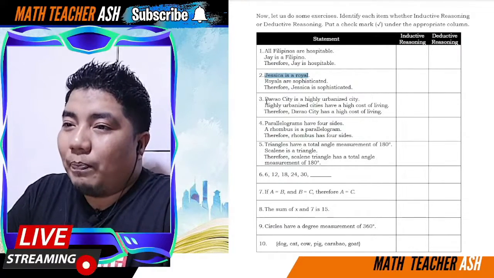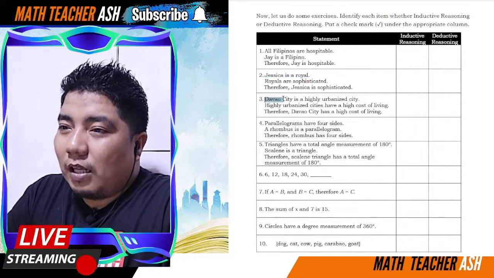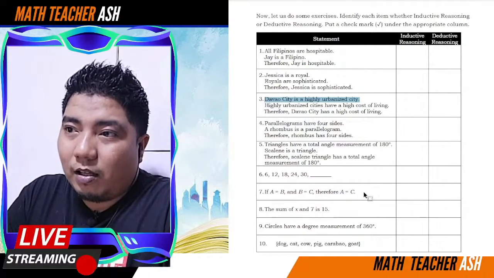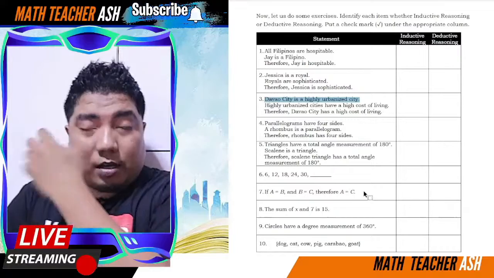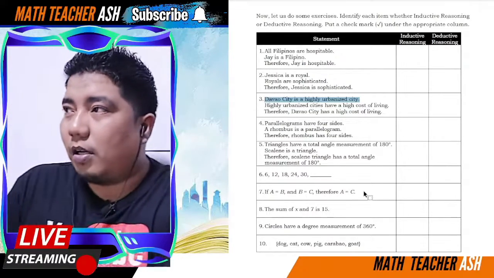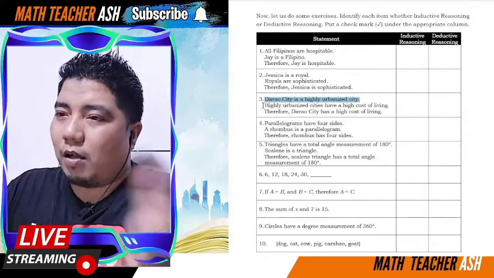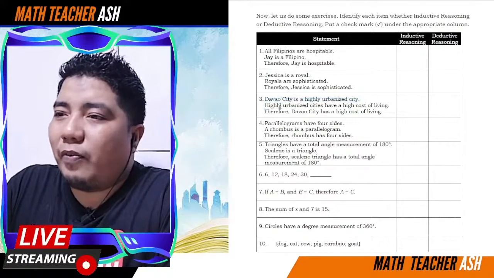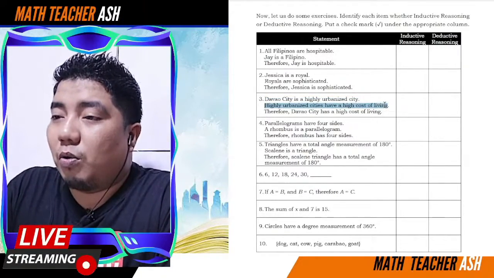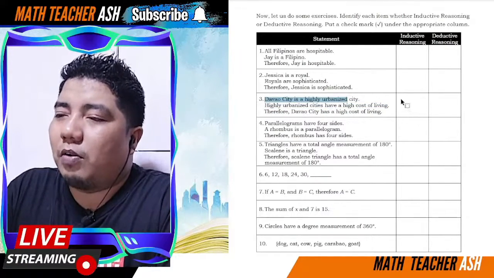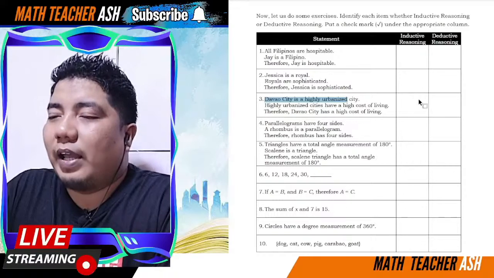So, technically, nag-start siya from Davao City, a specific city, and then binigyan niya ng tawag dyan, observation. Pero technically, yung acceptable general information dito, ito yun. So, it started from a specific, then it goes to be bigger.